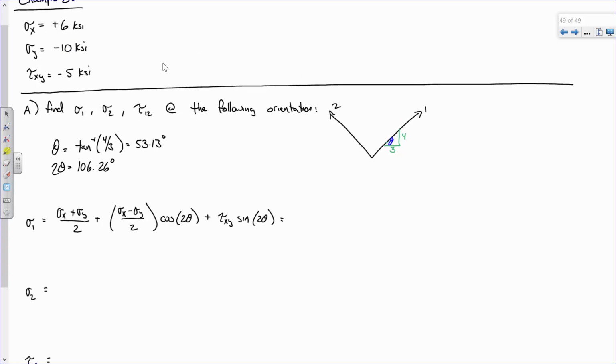I almost just want you to do that because I know the equation's a little involved, so I'd like to see you practice it to make sure that you're comfortable using it. Anybody have a sigma 1 for me?